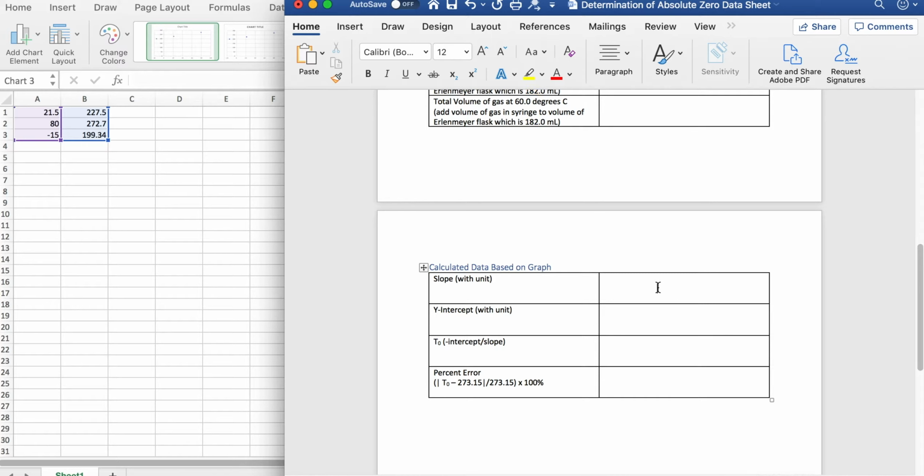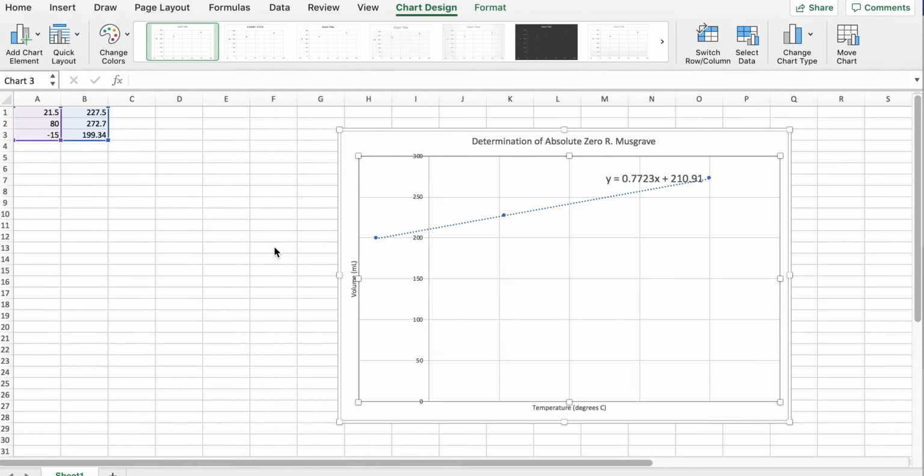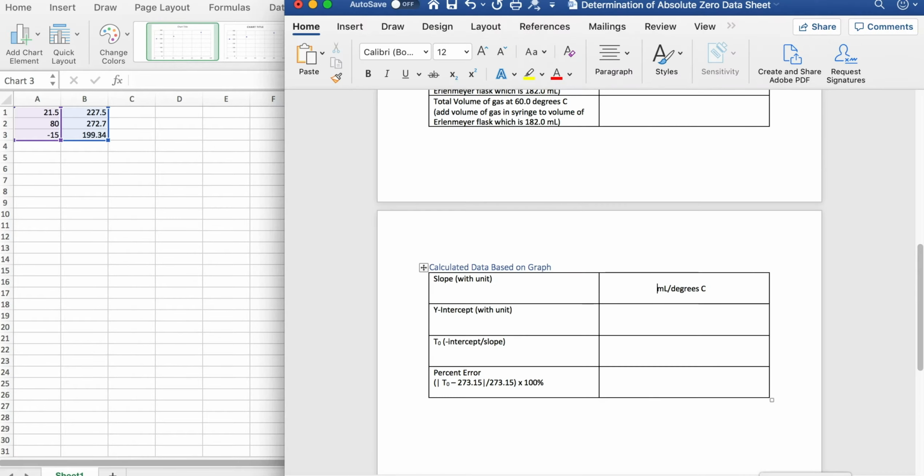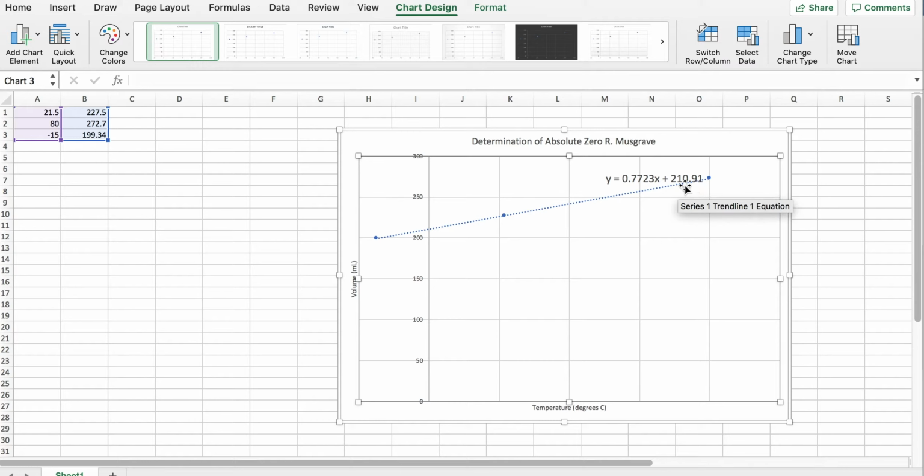So the unit is going to look like this: milliliter per degrees C. And whatever value you come up with that goes in front of that x, that's what goes in here in the slope. The y-intercept is actually this value right here, and you can see it would be between 200 and 250, but that's it there, 210.91, and whatever you get, that's what you'll put.